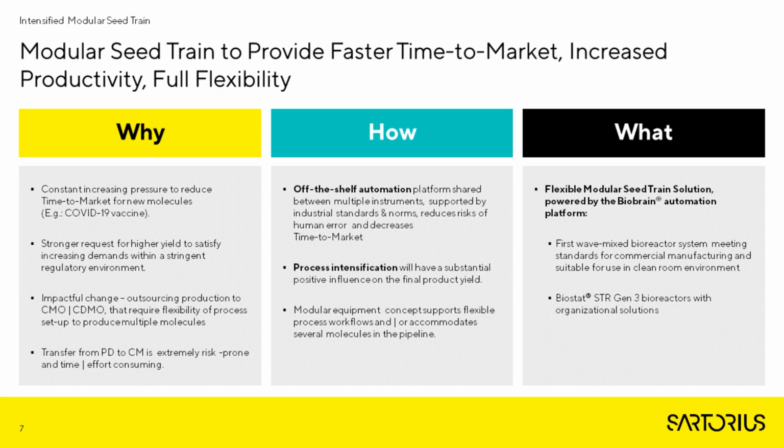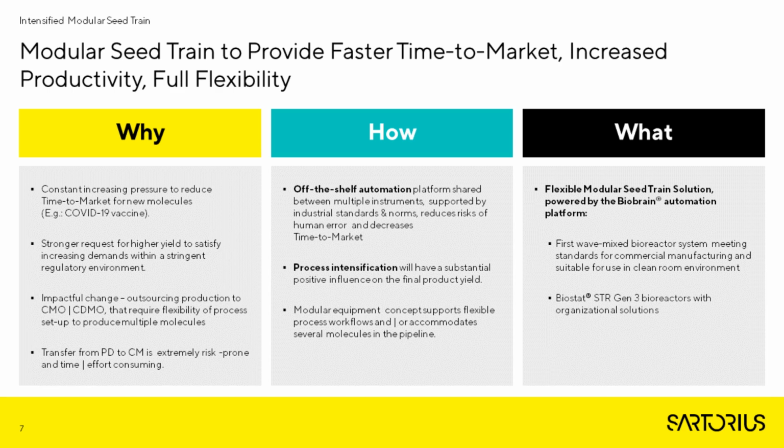Probably one of the major concepts that we were able to identify is that our customers are routinely facing increased time pressure to bring new molecules to the market. And probably the best example here would be the COVID-19 vaccine. On top of that, we know that the population of the world is increasing, and thus there is an outstanding demand for higher product yields.